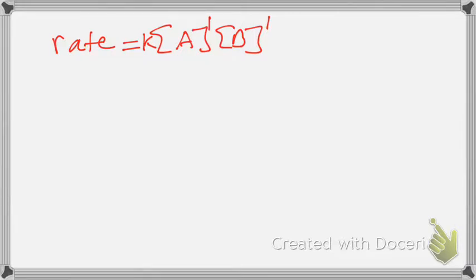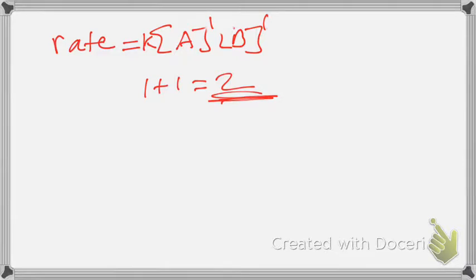But for right now, I'm going to give it to you. So the overall order for this reaction is second order, because remember, you take the individual orders and add them together. Since each one of them is 1, we take 1 plus 1, which gives us 2. So the overall order for this reaction is second order.